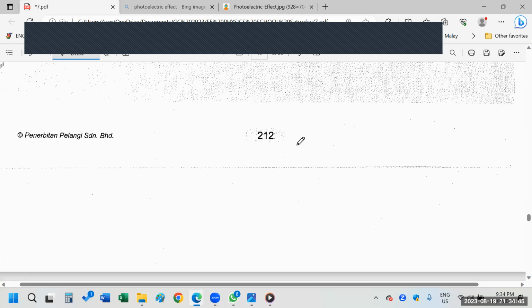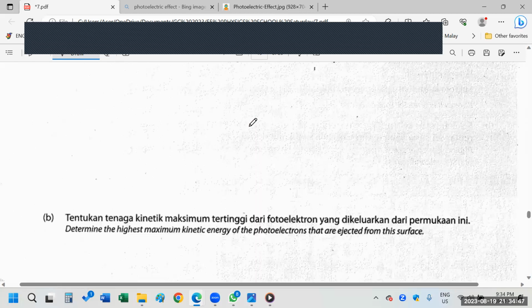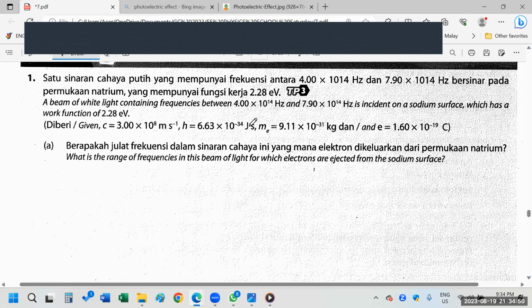So far here, last page 212. A beam of white light containing frequencies between this and this is incident, means shone, on a sodium surface, a metal surface, which has a work function of 2.28 eV. eV is another unit for energy.